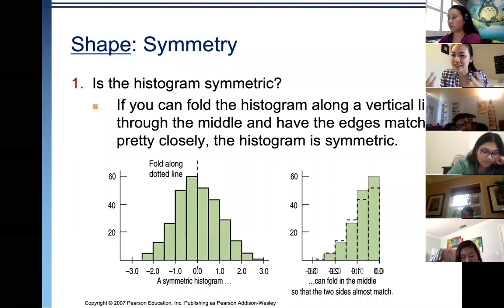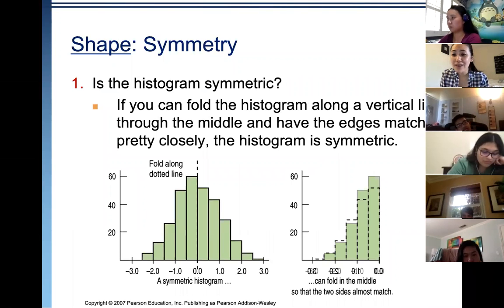Know that in stats, it doesn't have to be perfect. This example is not perfectly symmetric, it's just pretty close, so we'll call it approximately symmetric, and that's okay. In stats, if it's close to being symmetric, that's good enough.